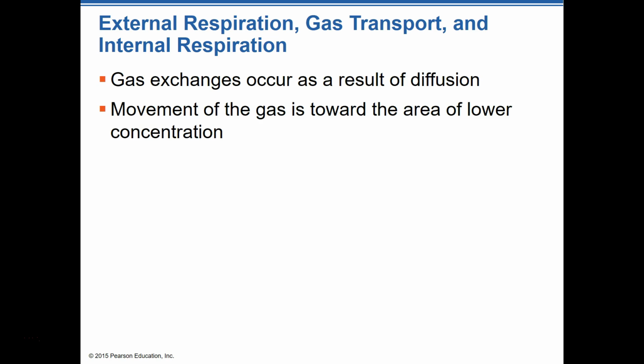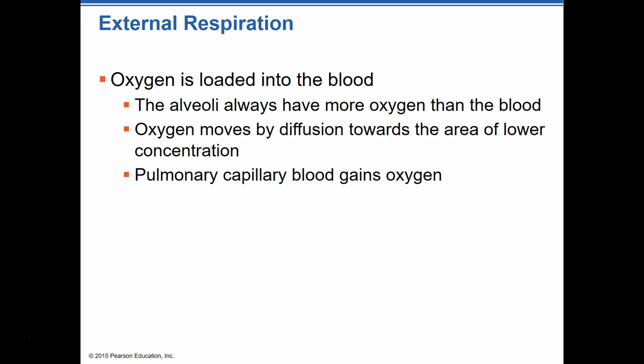So gas exchange is going to occur as a result of diffusion. Remember, it's just simple diffusion. It's those gas pressures, the quantity and gas pressures, that's going to cause it to move from one place to another, diffuse. And it's going to move to the area of lower concentration. All right? When we load the oxygen onto the blood, remember that's the external respiration.